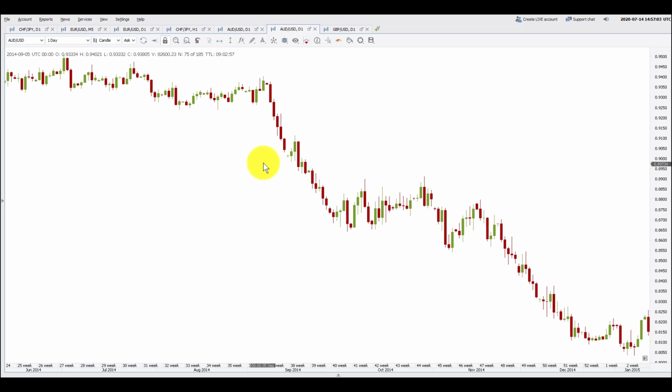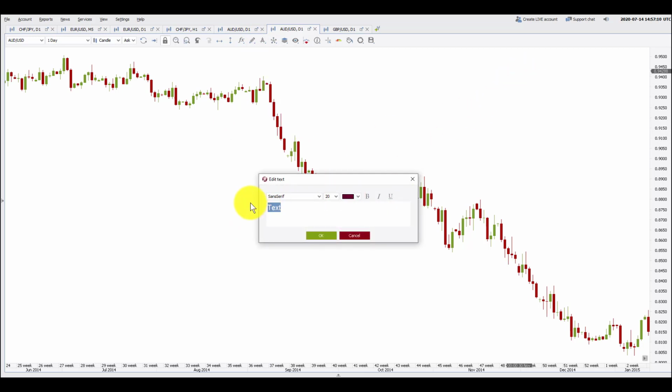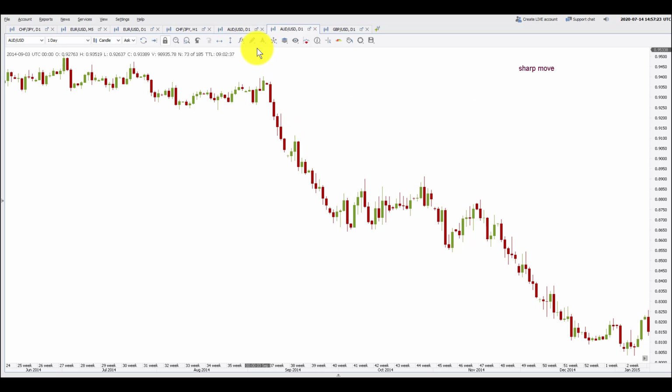You see, the first requirement for the flag is a trend, and this should be a sharp move. Now this sharp move, we will try to locate. The price from here to here went very sharply.